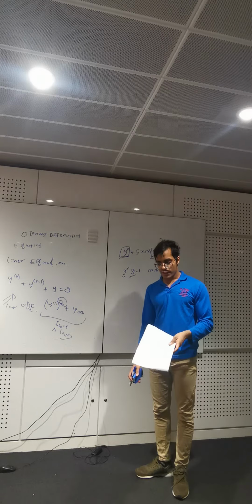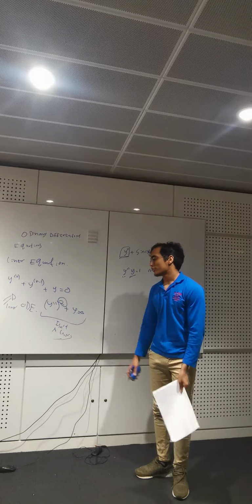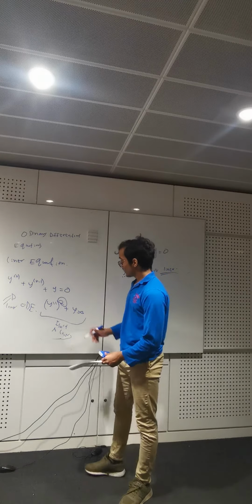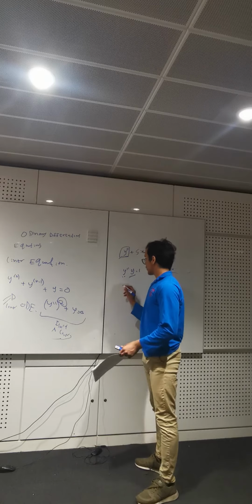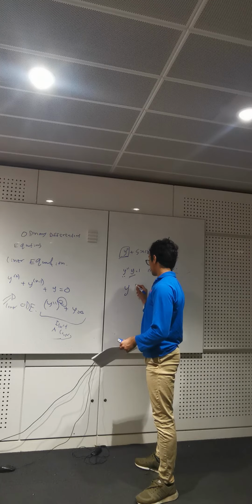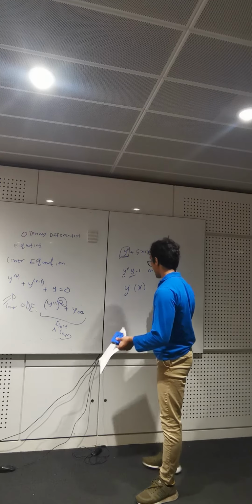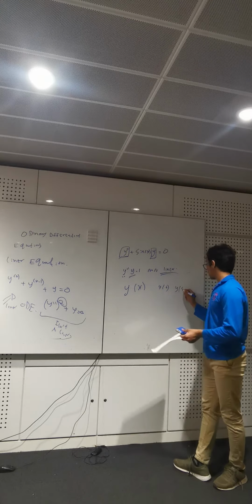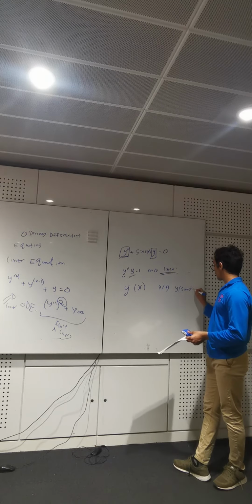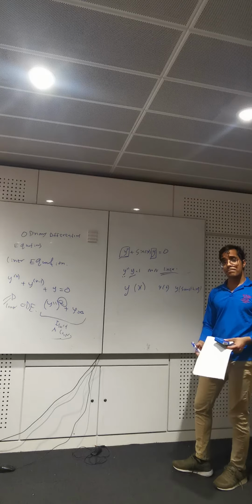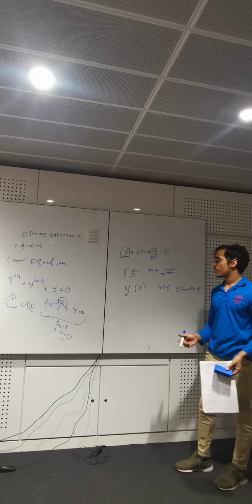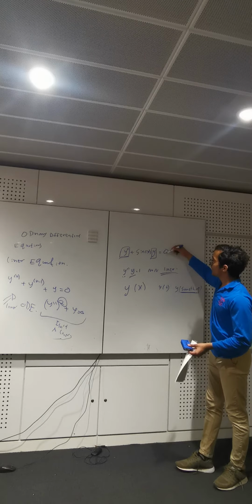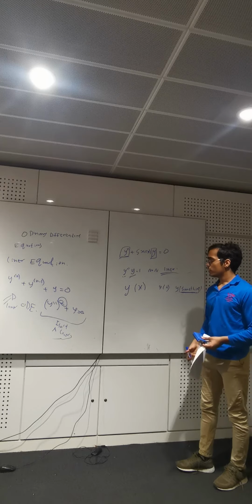And the last thing is autonomous and non-autonomous. Once we're talking about the function y, we usually talk about y of x, or y of t, or y of something. If this variable does not appear explicitly in the equation, then it's autonomous.